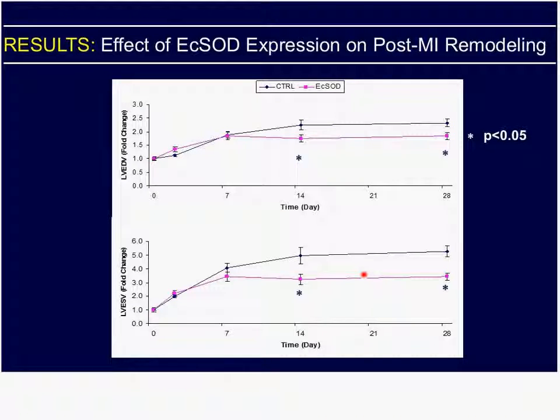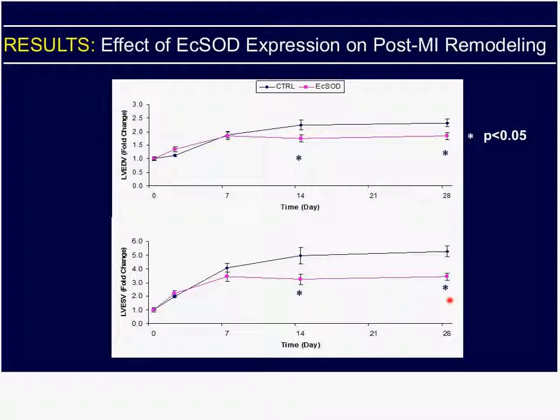So again, using the disk sum method, we can accurately determine the LV volumes, both at end diastole and in systole. Interestingly, there is not a lot of difference between groups up to day 7, and that difference only becomes apparent at day 14 and is maintained until day 28, both in the end diastolic volume and in the end systolic volume.